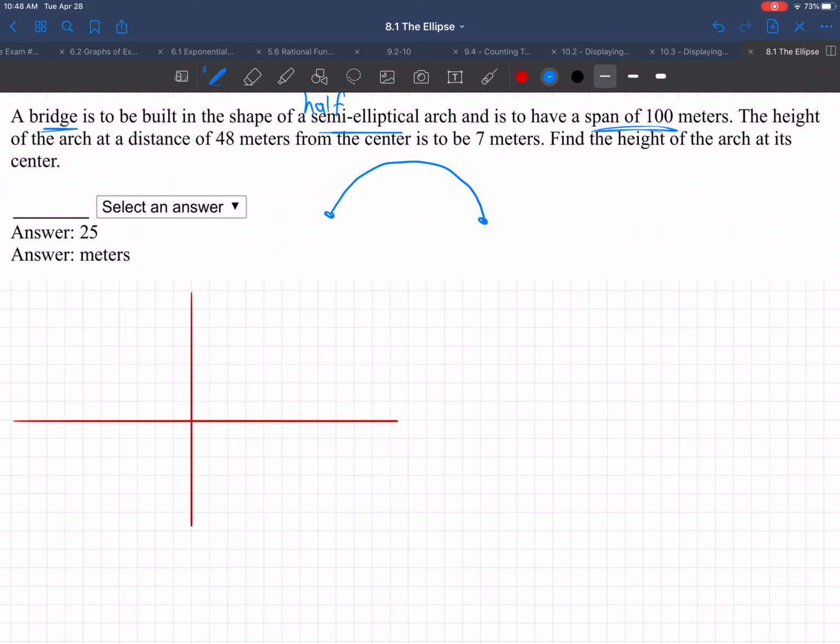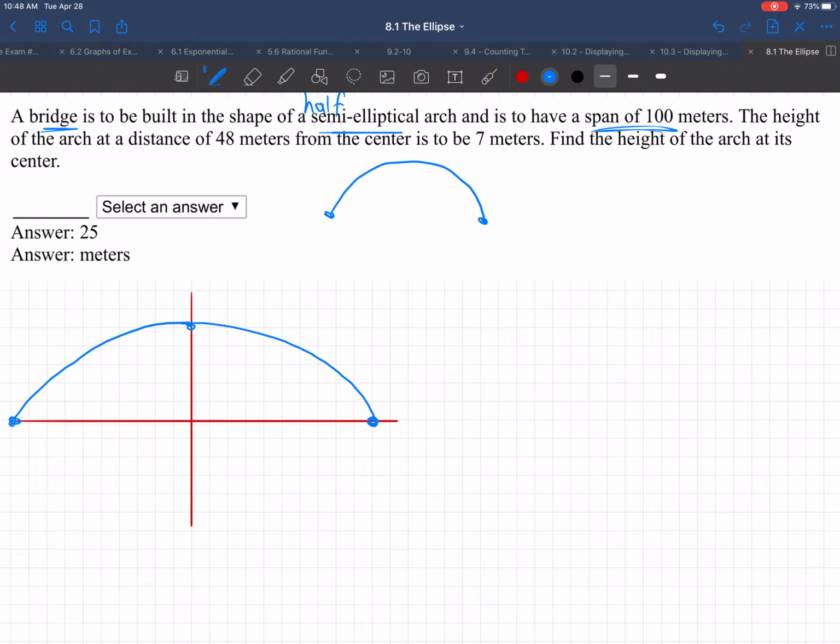So let me put that on my graph. So I'll go here and there. So we're building this bridge, and its span is 100 meters.